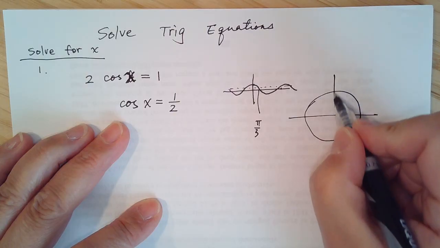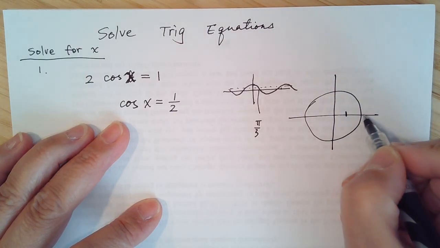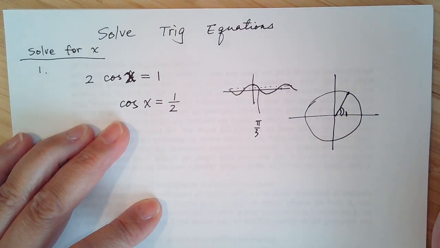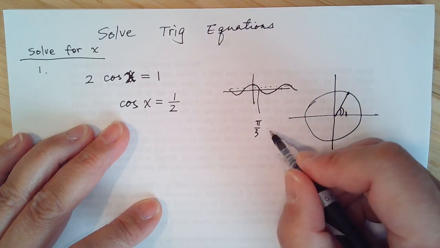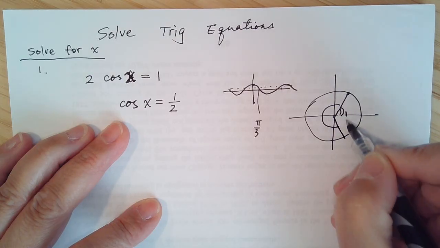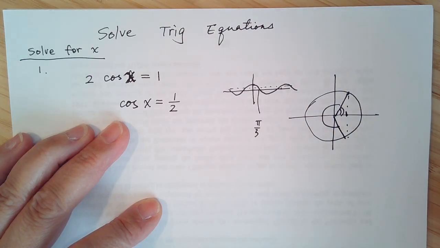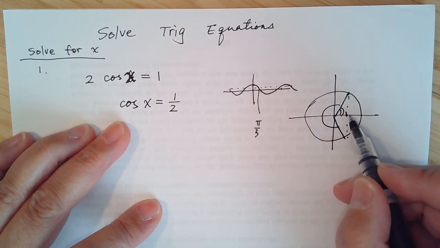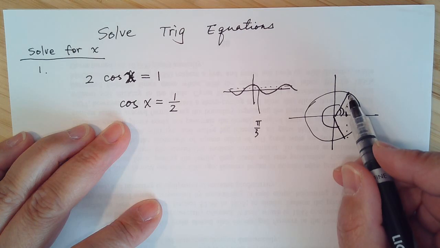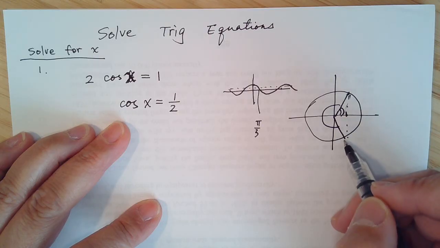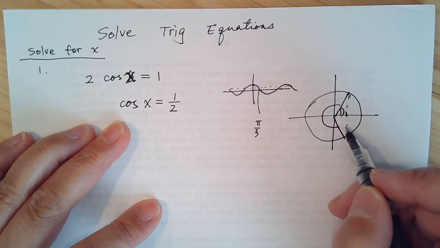Here's 1/2. So this angle, first of all, gives you the cosine equals 1/2. And also if you go down here, that also gives you the cosine as 1/2. So between 0 and 2 pi, you actually already have two solutions: pi over 3, or you can call this one 5 pi over 3 or negative pi over 3.